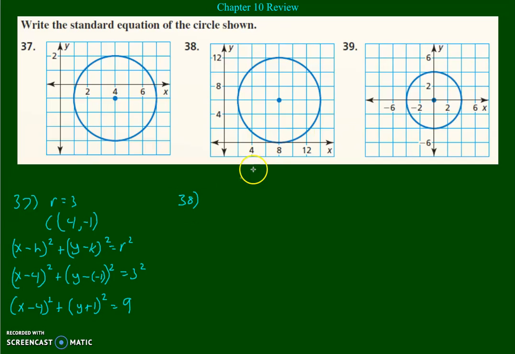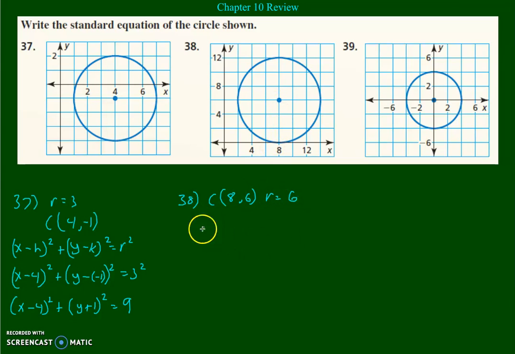For 38, the center point here is at 8, and it looks like 6. 8, 6, and our radius is, this is 2, 4, 6. So it's 6. It's the y value here.